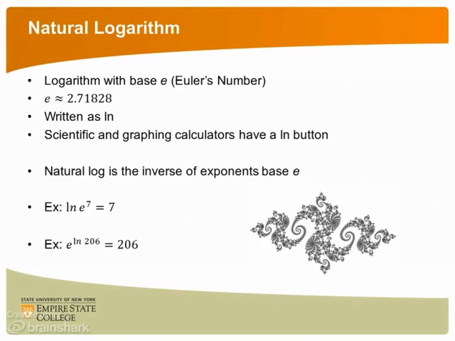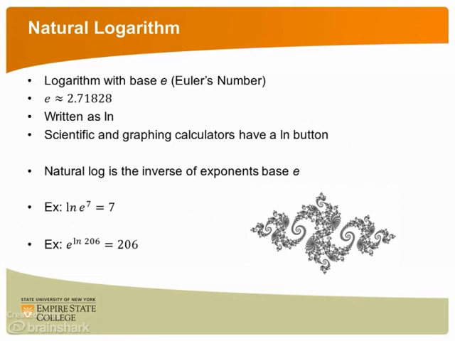The other special logarithm is the logarithm with the base e, which is Euler's number. There are various mathematical definitions for e, but it suffices to say that it is an irrational number that is approximately equal to 2.71828. This constant shows up in many real-world phenomena.